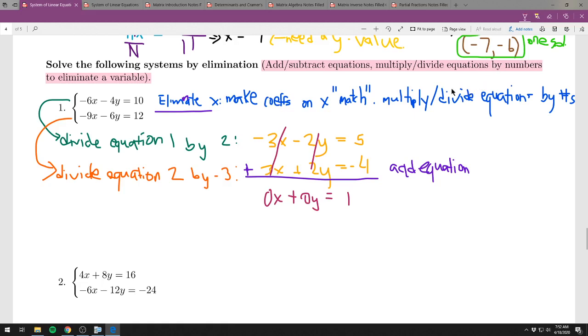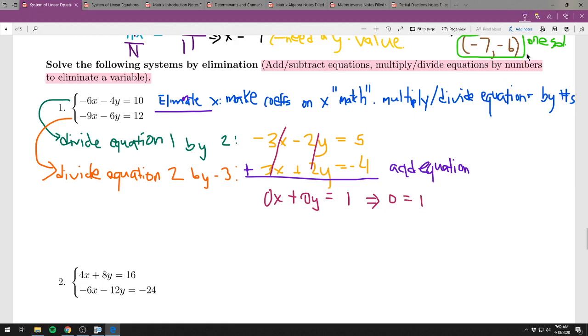Right, so we added our two equations and we got this thing. Once again, normally you don't write 0x, 0y because it's just 0. So the left side is just 0, and the right side equals 1.